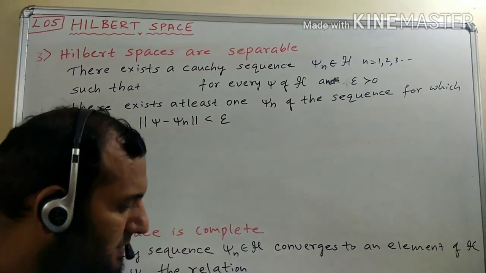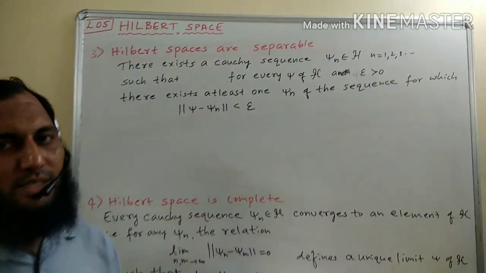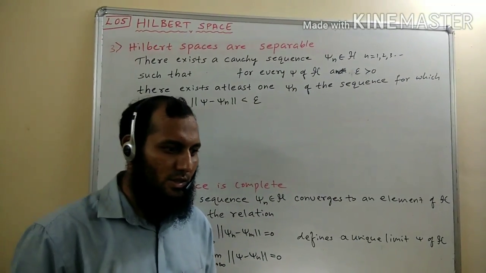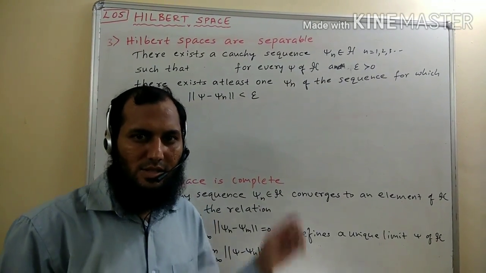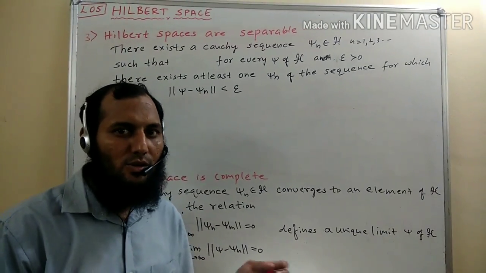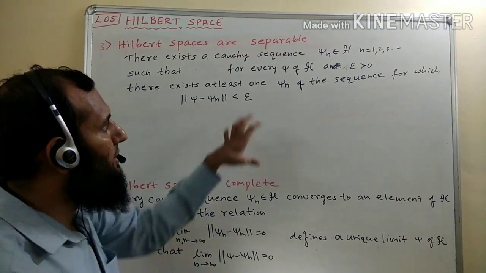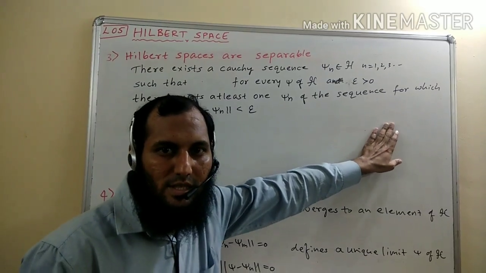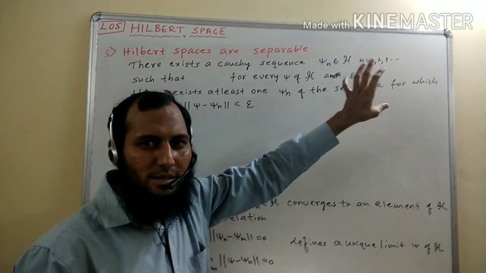And dear students, this is all the mathematical part, and I think in your UG classes you have studied all these things in real analysis. So as physicists, we will not go into the definitions of all these things, but let me simplify this.